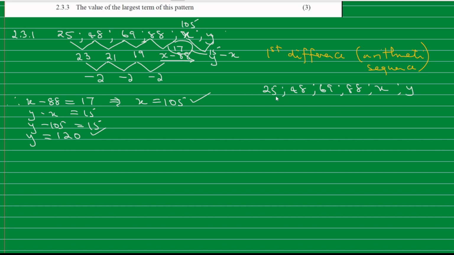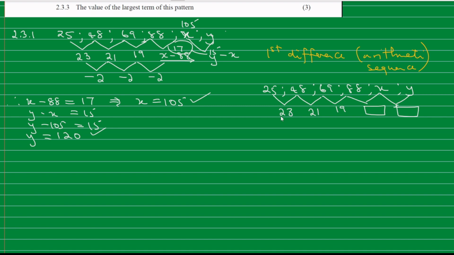If you take your differences, we will do the same. That is 23, that is 21, that is 19. So that's where it ends there. We don't know the number that will come here, and we don't know the number that will come here.